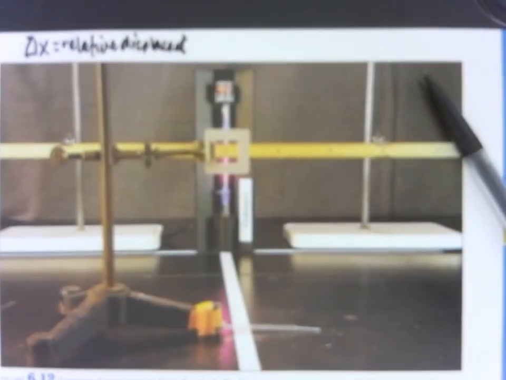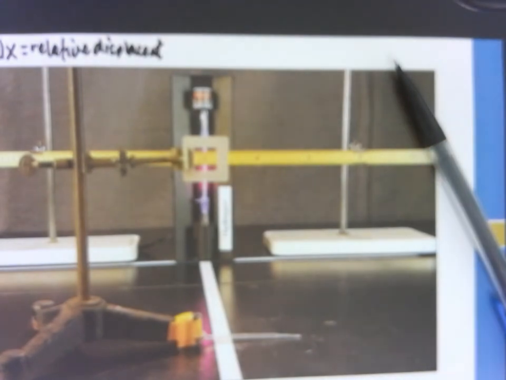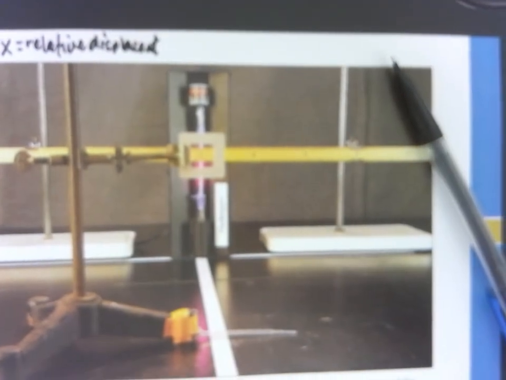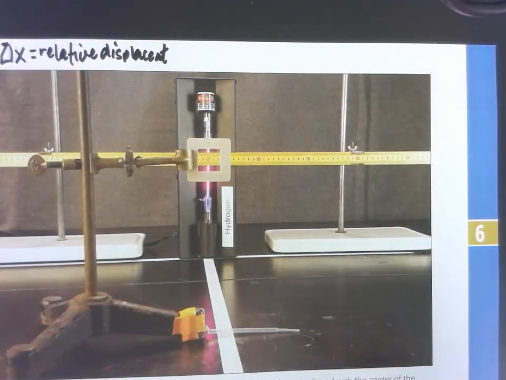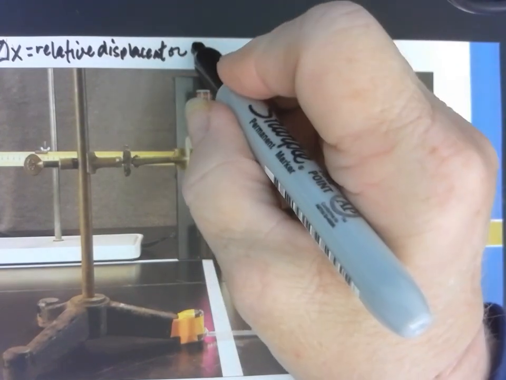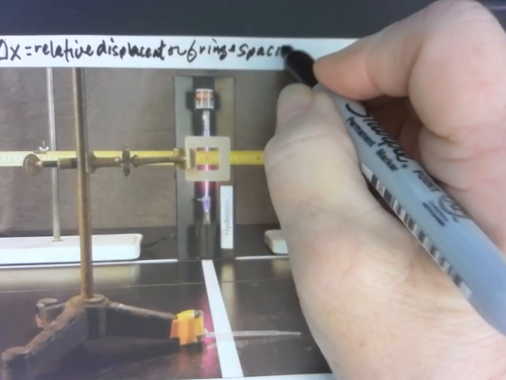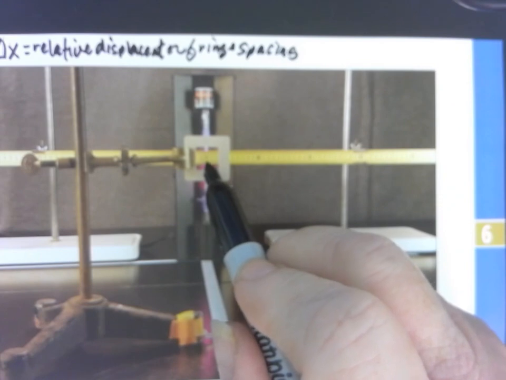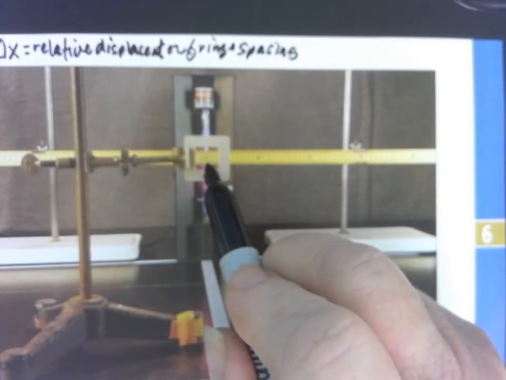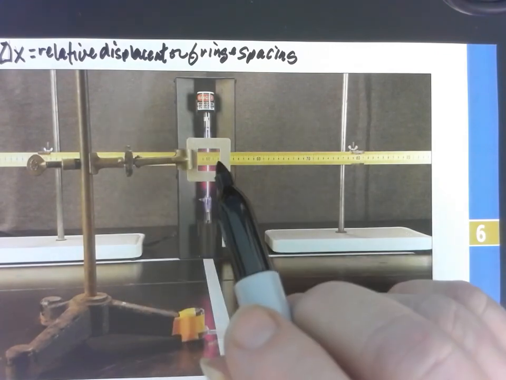That's also known as fringe spacing. Once again, that's the difference between the 50 centimeter mark and the marks on the meter stick, so that's the relative displacement.